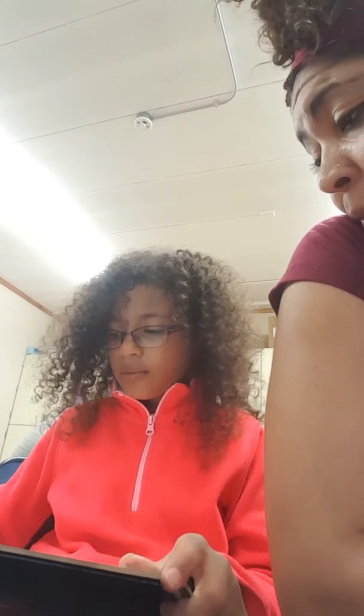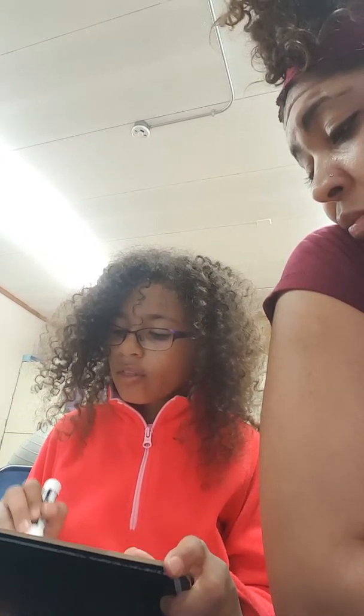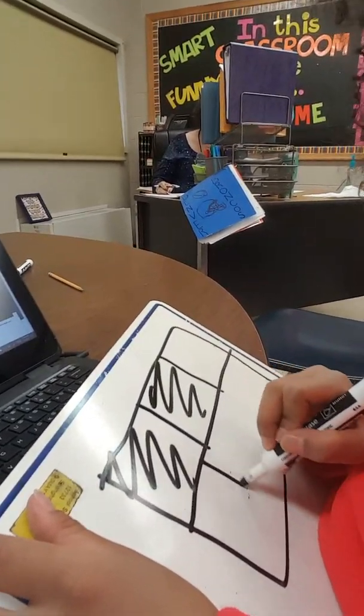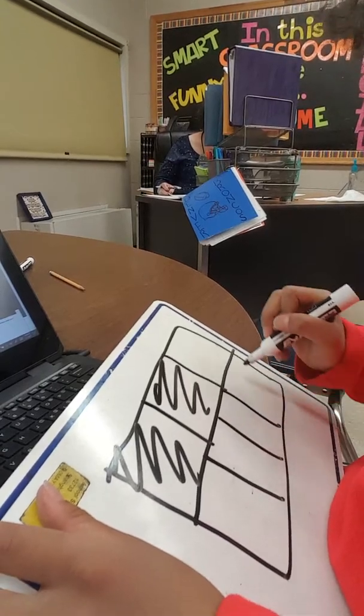Usually what I do is I make a big one and I split it in half. And then I draw the thirds. Then I draw the fifths. 1, 2, 3, 4.